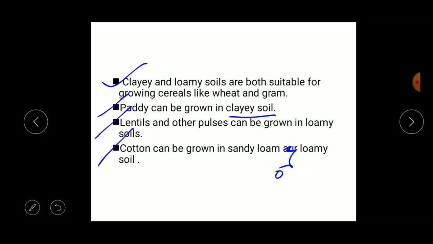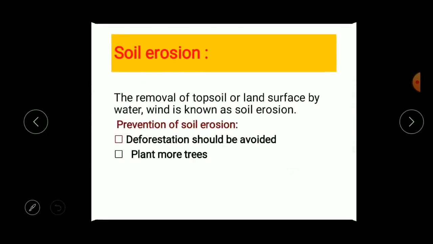There are some other crops which you can grow in sandy soils, that is potato, corn and peppers. In the clay soil you can grow sprouts, broccoli, beans, cabbage, etc. In the loamy soil you can grow apples, carrot, cucumber, tomatoes, etc. Understood, children?